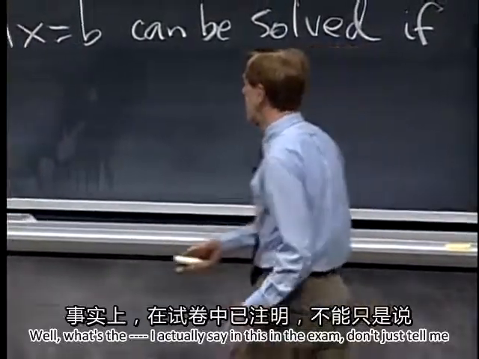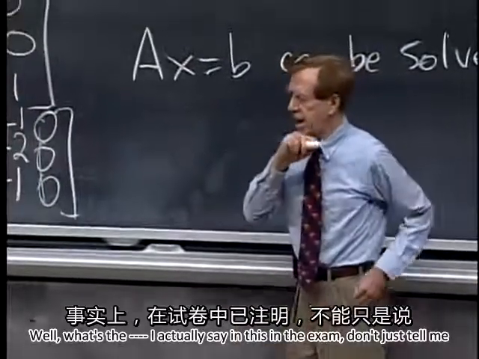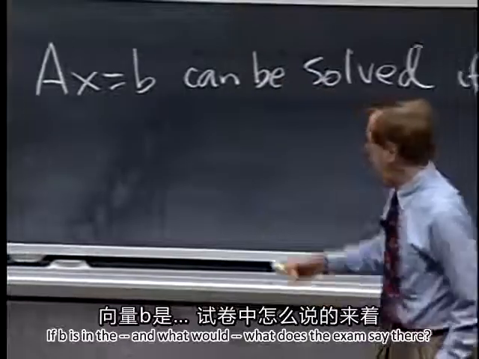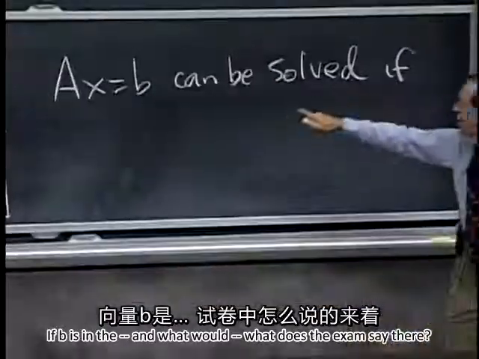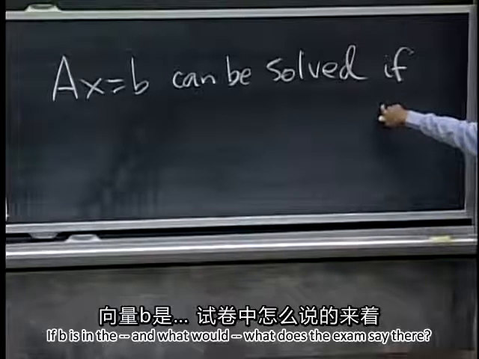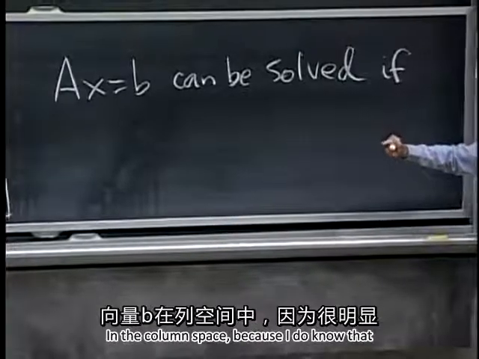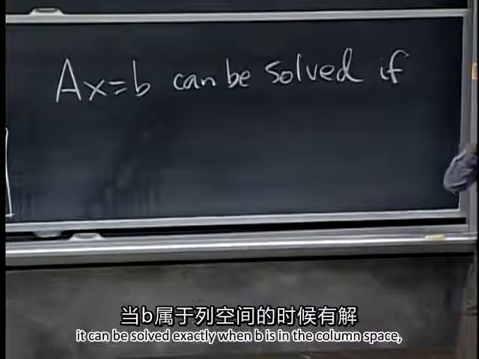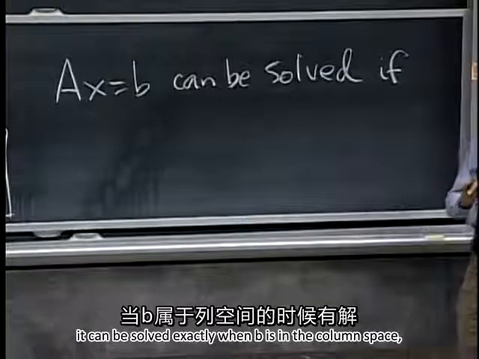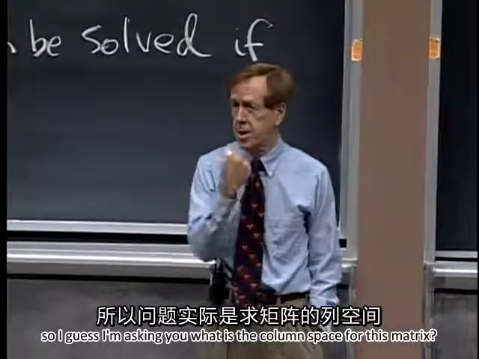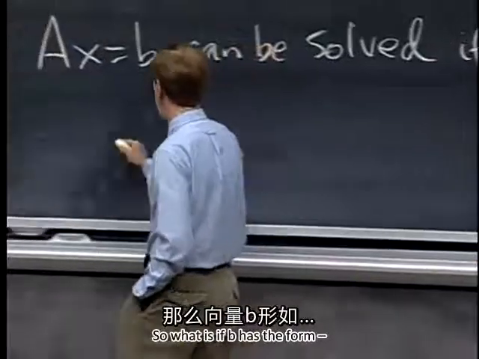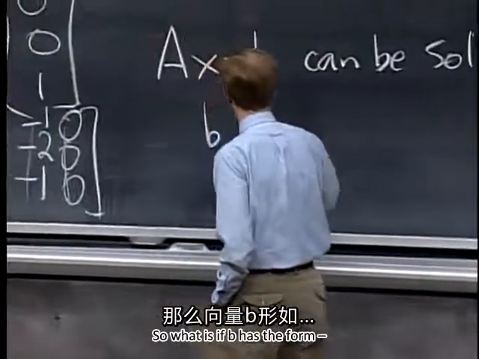Well, I actually say in the exam, don't just tell me if B is in the, and what does the exam say there? In the column space, because I do know that it can be solved exactly when B is in the column space. So I guess I'm asking you, what is the column space for this matrix?